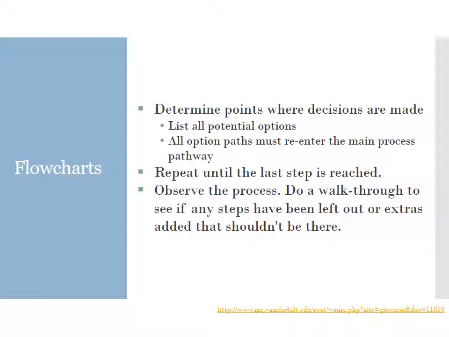See if anything's been left out or if there's steps or redundancy in there. Don't take them out just yet, but add notes that these are areas of inefficiencies. Those, along with any areas that you have questions about, mark, and those will be potential change opportunities and opportunities to evaluate improvement efforts.